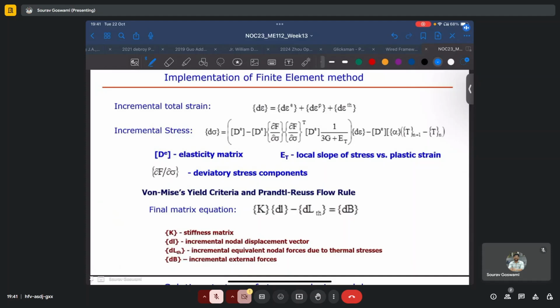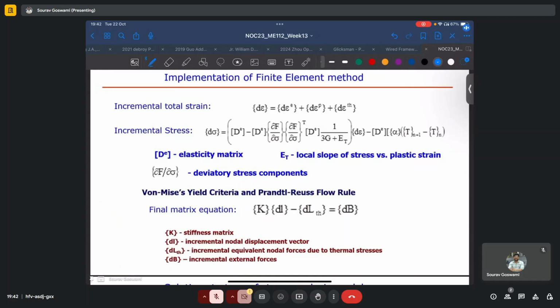Then the incremental stress is calculated as d sigma equals [D_e minus D_e (∂f/∂sigma) (∂f/∂sigma)^T D_e divided by (3G plus E_t)] d epsilon minus D_e alpha (T_n minus 1 minus T_n), where D_e is the elastic matrix, E_t is the local slope of the stress versus plastic strain curve, and ∂f/∂sigma is the deviatoric stress component.